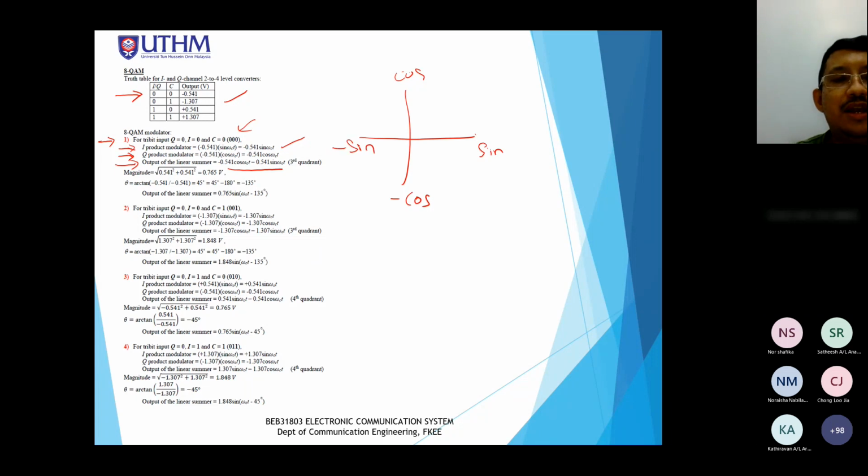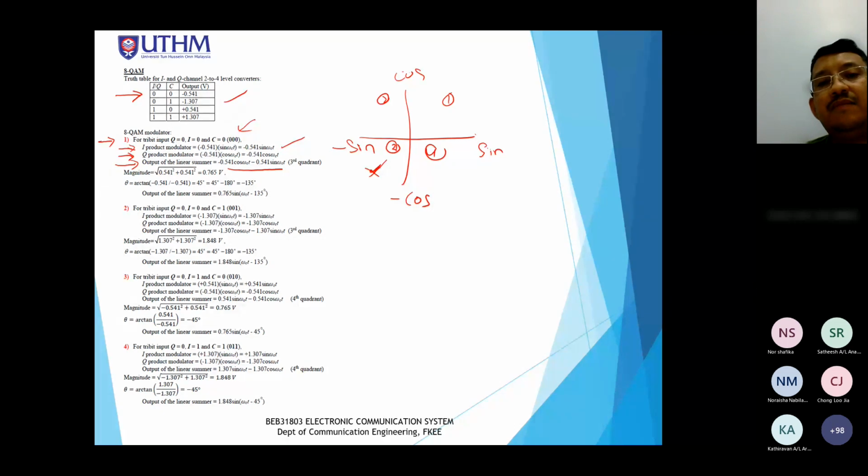So if it is a negative cos and negative sine, it is actually located somewhere here in the third quadrant. First, second, third, fourth quadrant. So it is actually located at the third quadrant.